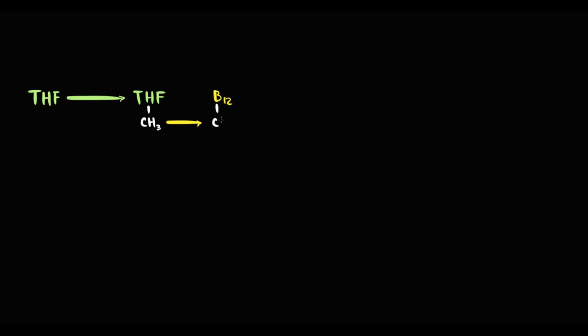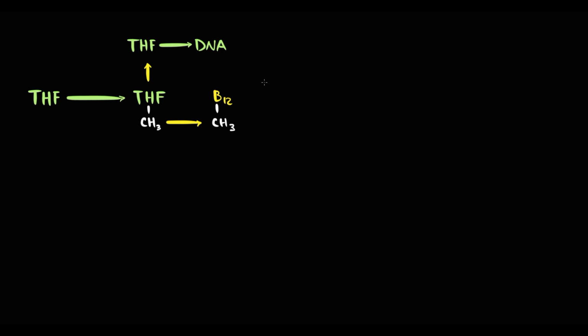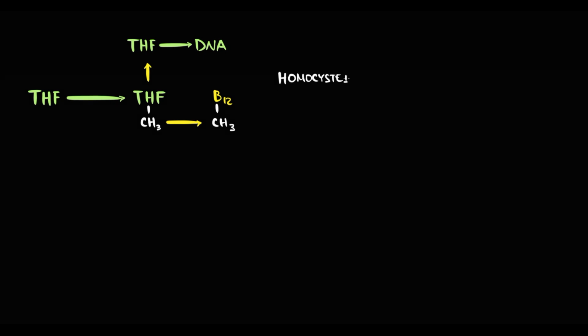Folate gives the methyl group to vitamin B12, and now free folate can be used for synthesis of the DNA molecule. But vitamin B12 also does not like to be methylated. So vitamin B12 transfers this methyl group onto homocysteine. This results in the formation of methionine.